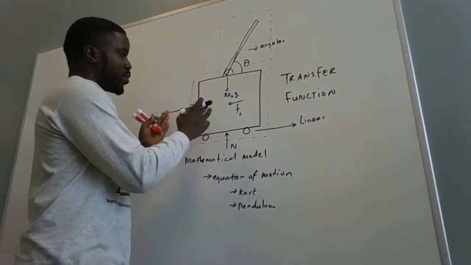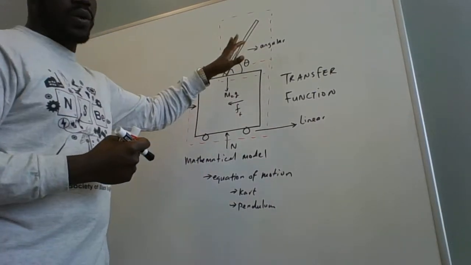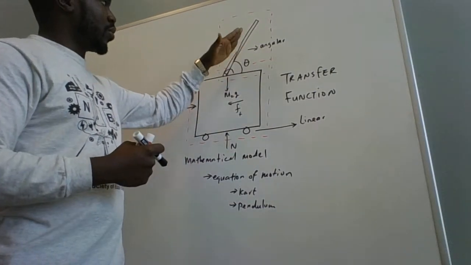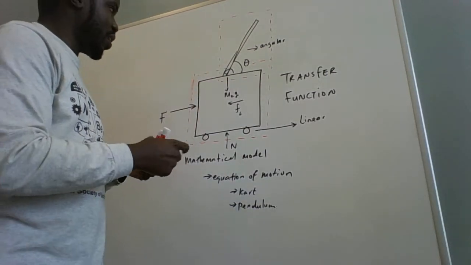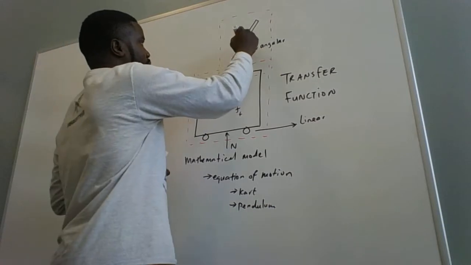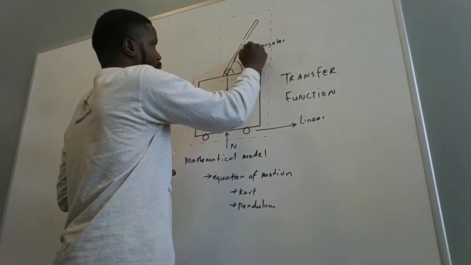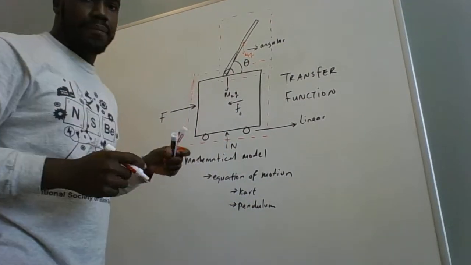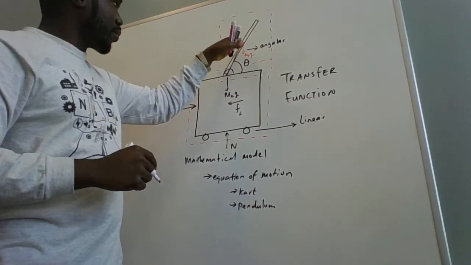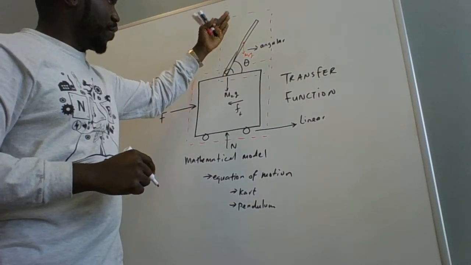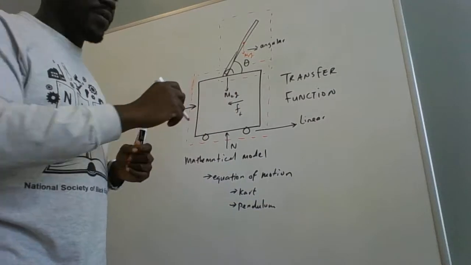So once we establish the equation that governs the motion of the cart, we can now focus on the equation that governs the angular displacement and motion of the pendulum. In the same way, we would also have a mass associated with the pendulum. This mass is going to cause the weight of the pendulum to act along the center towards a straight line.